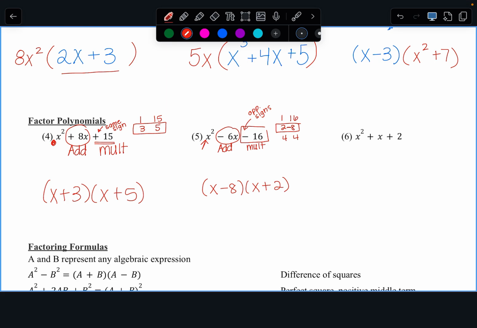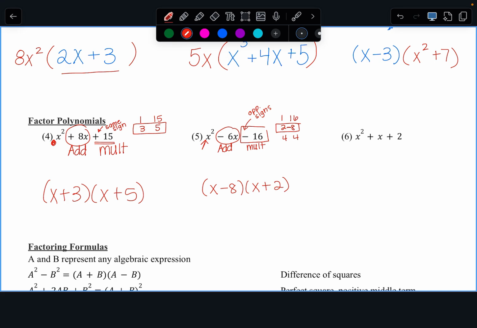Walk me through number 6. An explanation of what we should do. What are we trying to look for? How did we do number 4? What did we look at? What factors put into both?